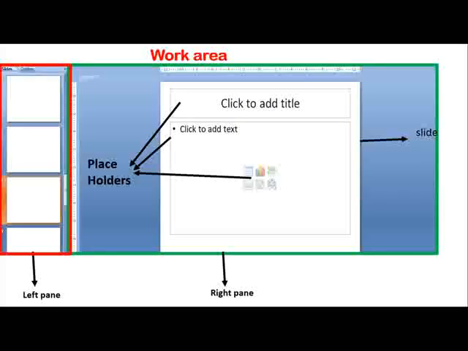Okay, and next is work area. Work area is very important and work area is divided into two sections, right pane and left pane. Right pane shows the actual slide or active slide.